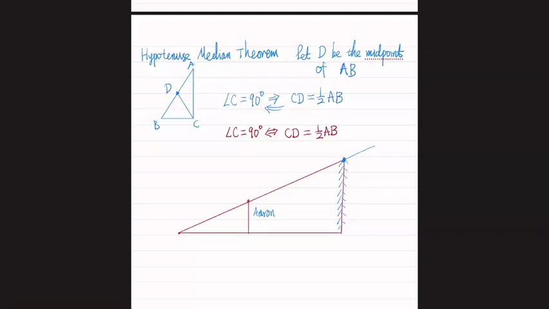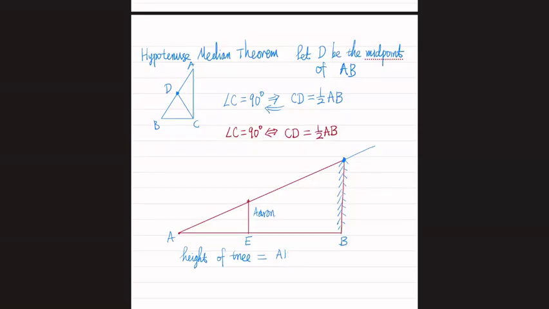So the height of the tree equals AB over AE. Okay, let me give one more step.